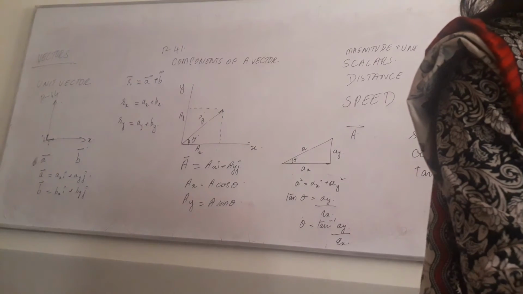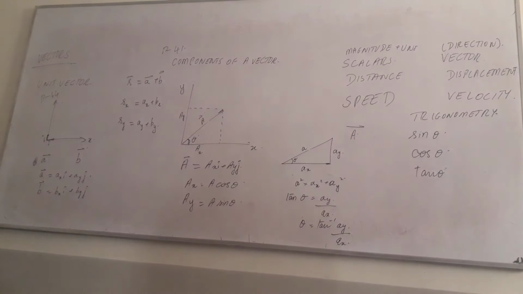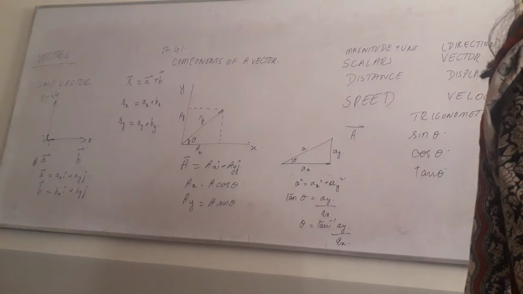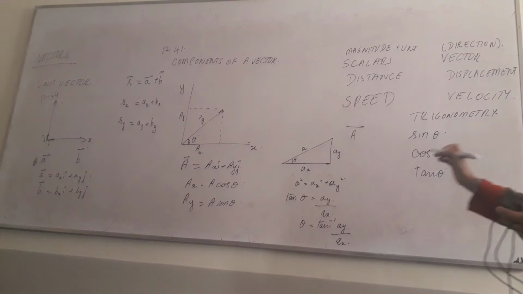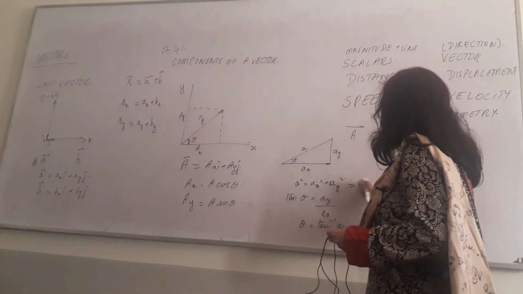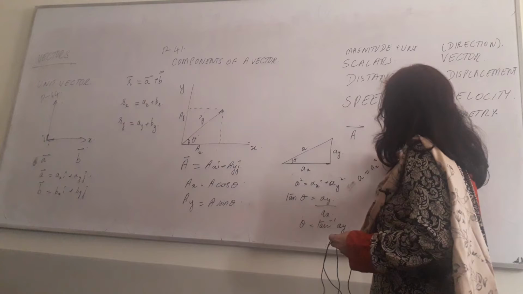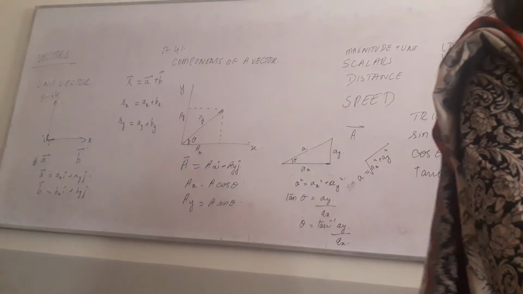So you can practice this. The magnitude of A will be the square root of ax squared plus ay squared. That's understood, right?